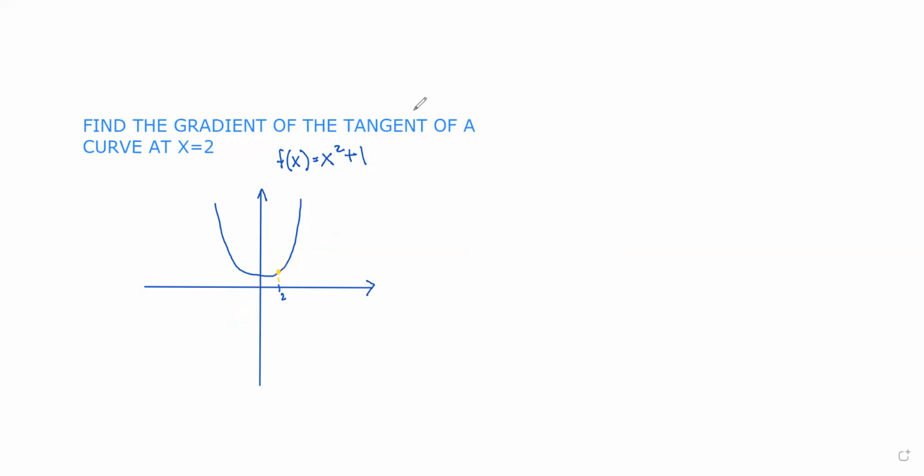Okay, so let's start the exercise. We are not looking for the function of this tangent, because when we find the derivative of this function, f prime of x, we have 2 here, so we multiply by 2, then x to the power 2 minus 1, plus 0, which would be 2x.